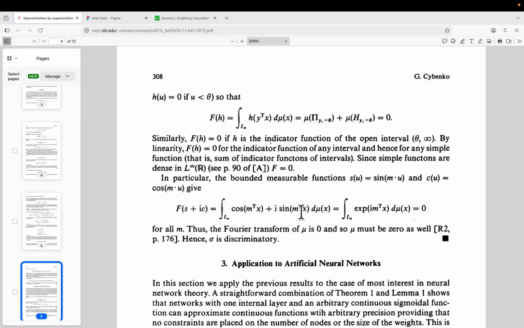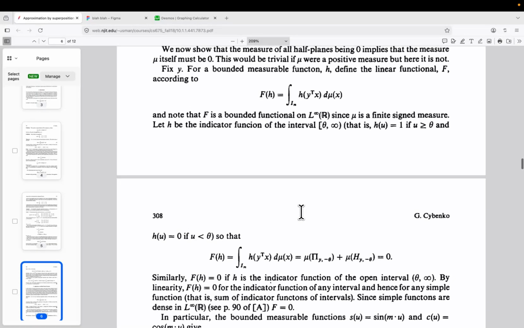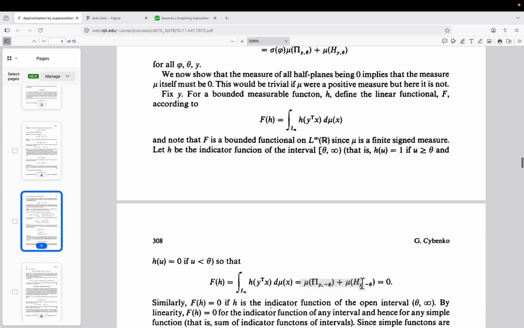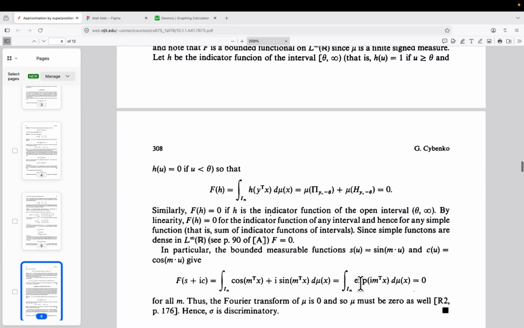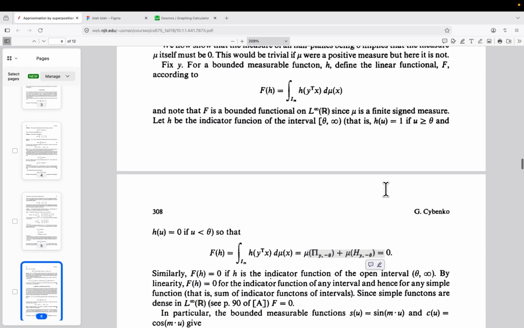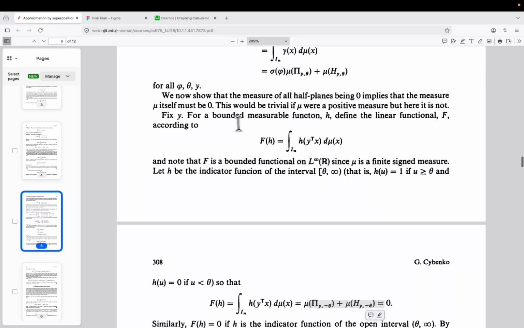I'm just trying to comprehend that. Okay, we have this property. Let h be bounded measurable.